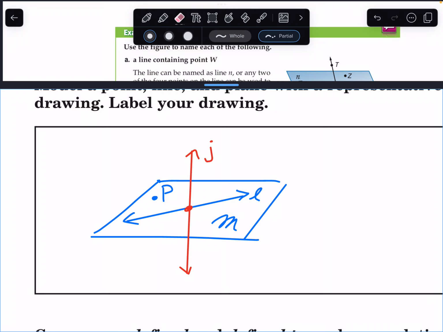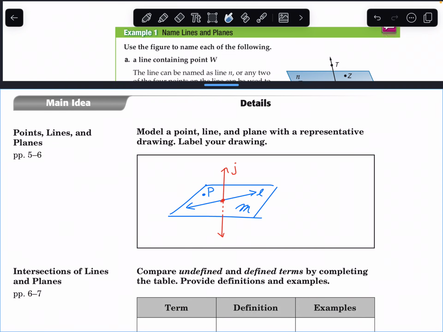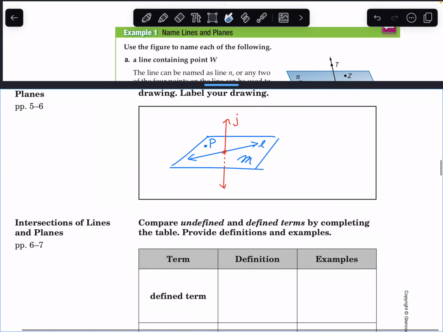So I'm actually going to turn that portion into a dashed line there, so that shows that this portion of line is actually behind the plane here. But that's way more than we really need to do at this point.